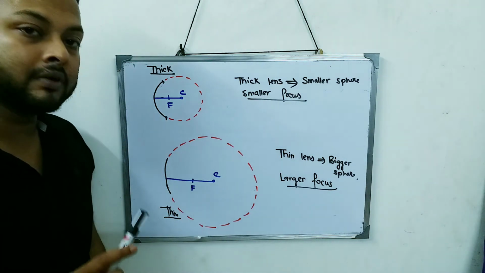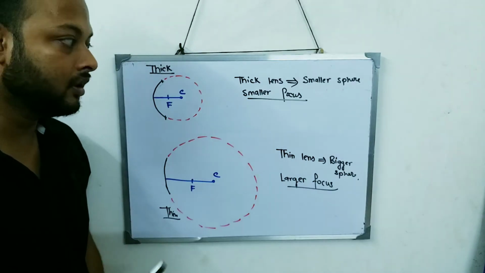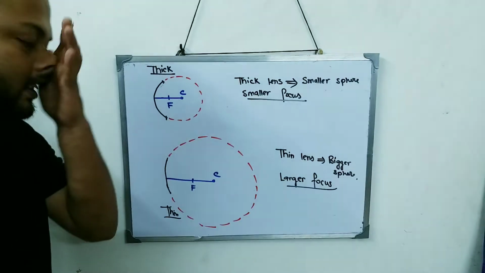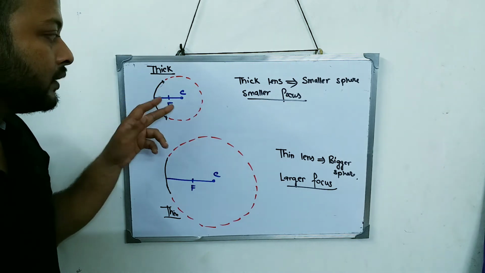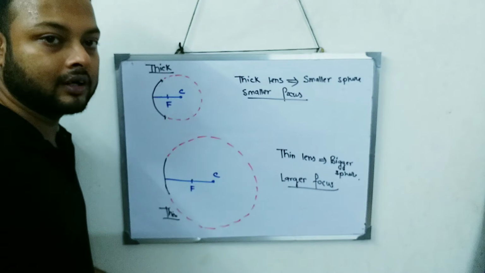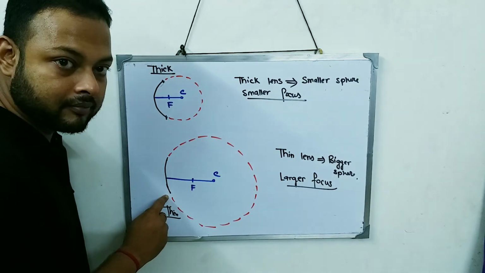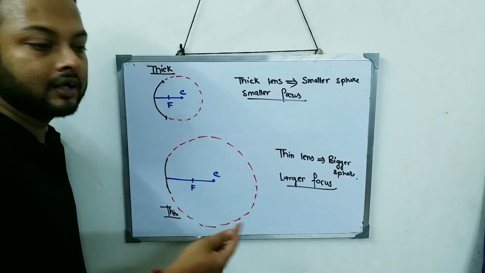I think it is very much understandable to you. Again I'm repeating myself. If I take a thick lens and draw the entire sphere, we see that the sphere is smaller. And if we take a thin lens and we draw the entire sphere, we see the sphere is much bigger.